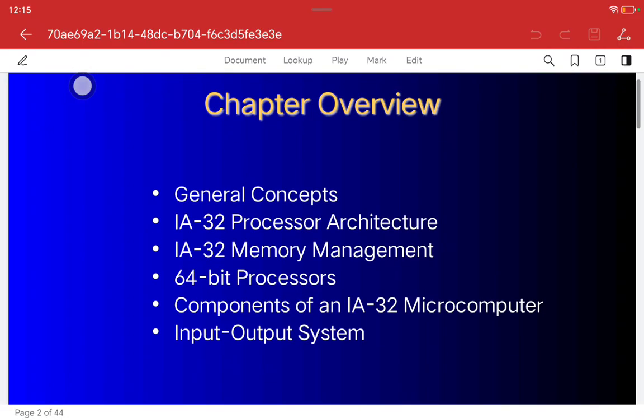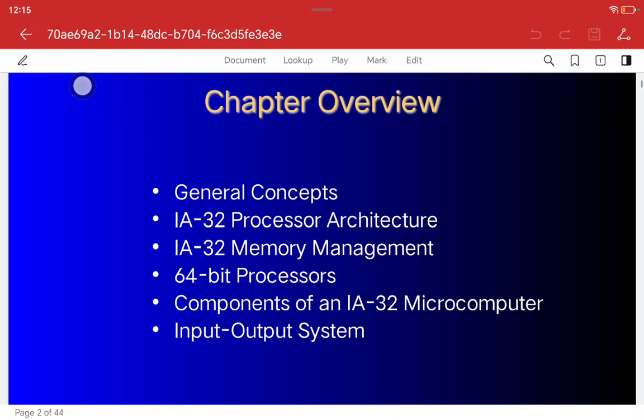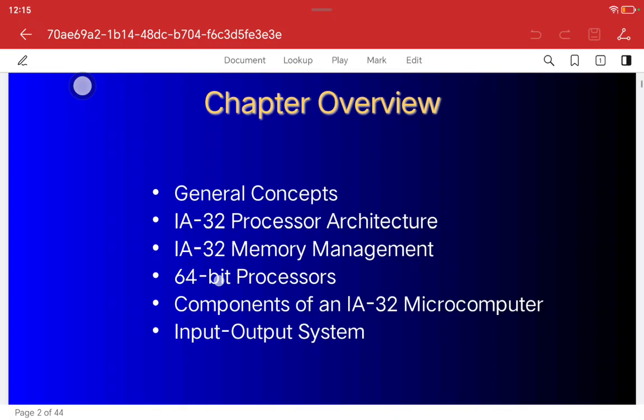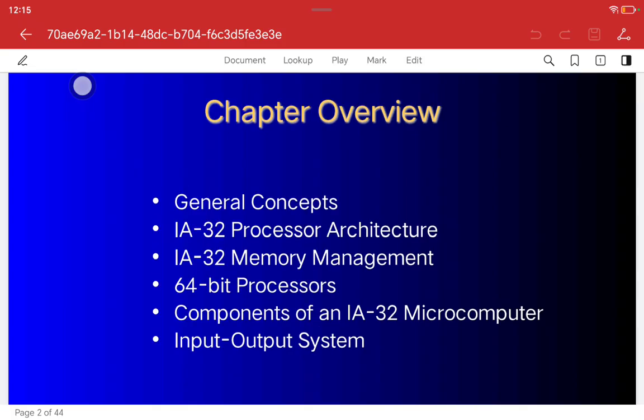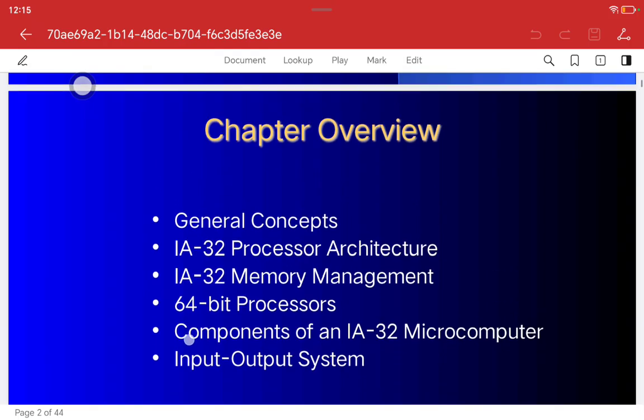The things that we'll be using within the processor, like registers. You see what they say here: processor architecture, memory management, 64-bit processors, components of this microcomputer, and also the input and output systems.